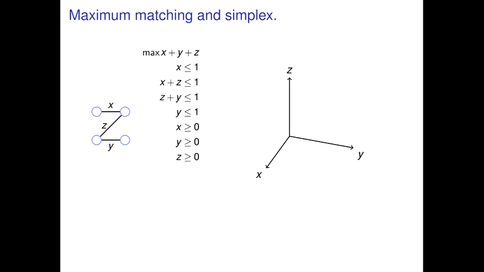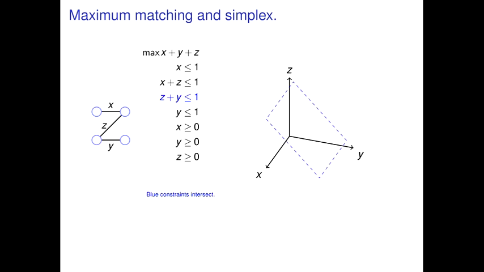It says only one of these edges can be matched. Think of them as 1 or 0 variables. So x plus z has to be less than or equal to 1. That's the constraint that it's a matching. And y has to be less than or equal to 1. That's the constraint that it's matching too.